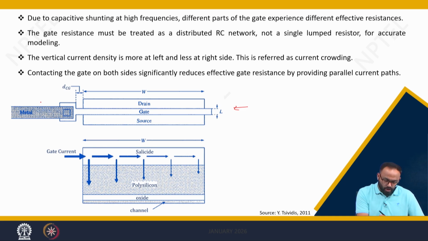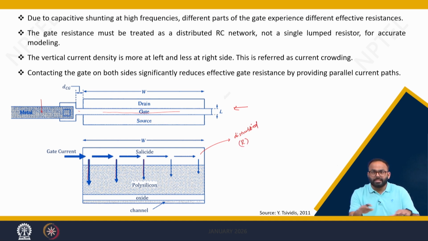If you are applying a contact here, the current should go in this direction, like in the salicide gate, and then it will go in vertical direction, correct? But this resistance of the gate is a distributed network, or you can consider it as a distributed resistance network.